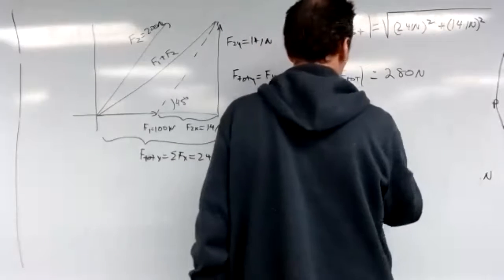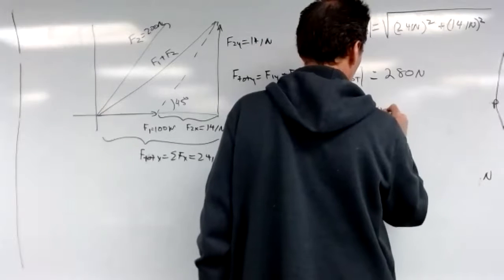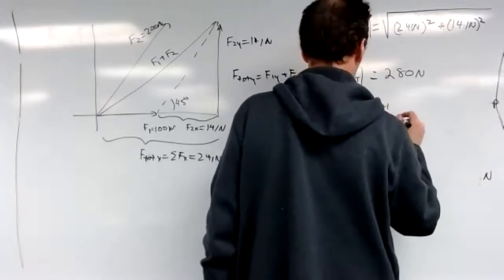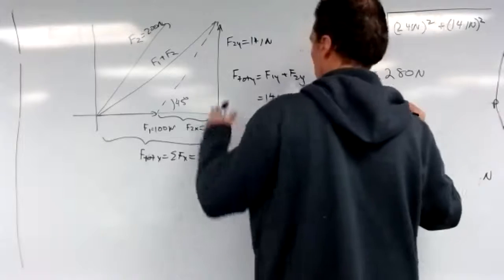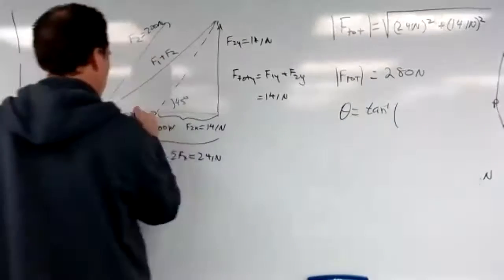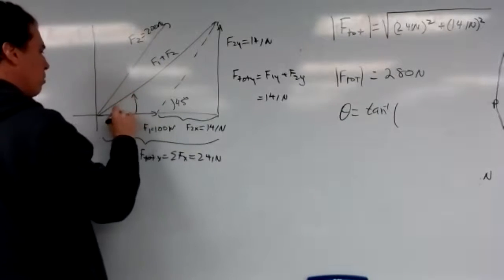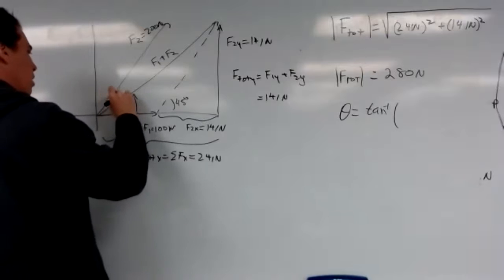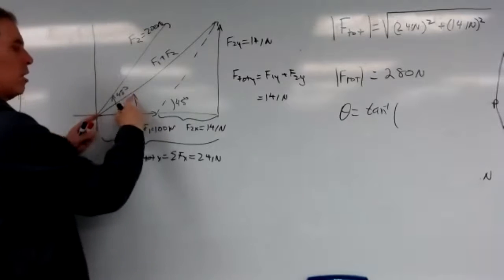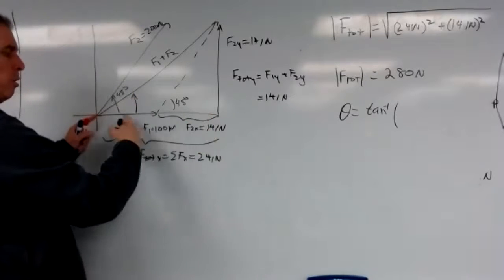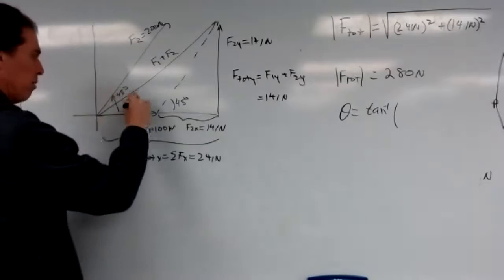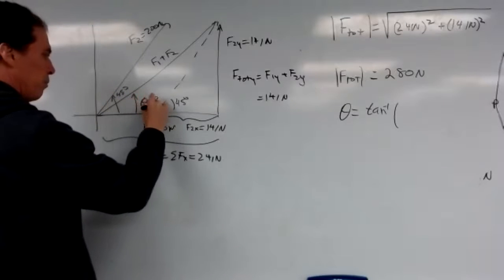I can say theta is equal to tan inverse of, right. So this is the angle that I'm interested in, right? That was my 45 degrees there. And now this is the angle I'm interested in. It's a smaller angle because I've got more distance in the x direction. This is my theta.